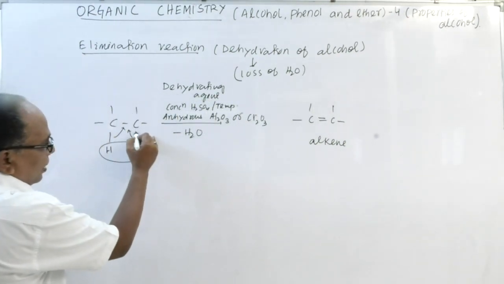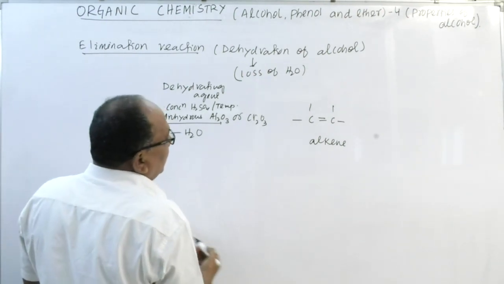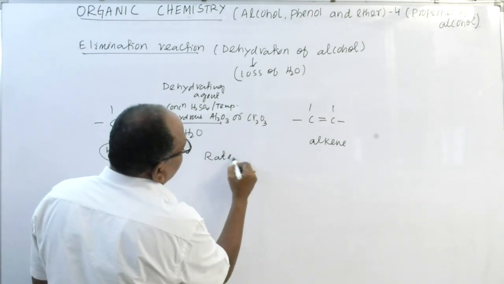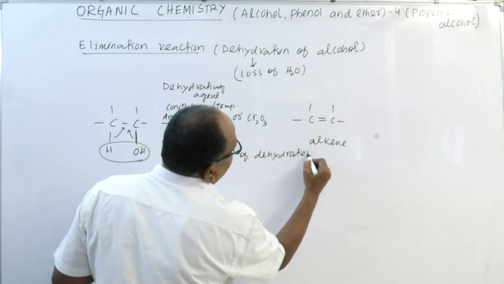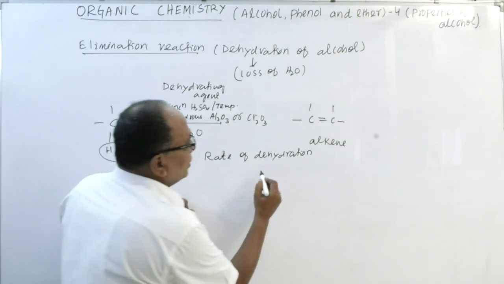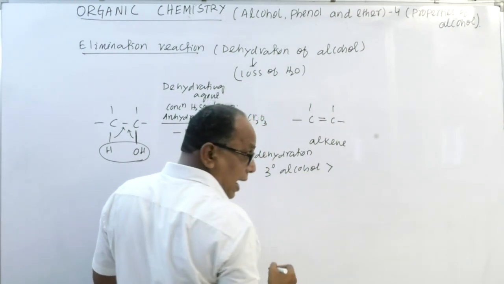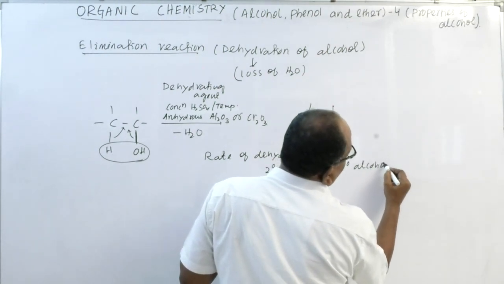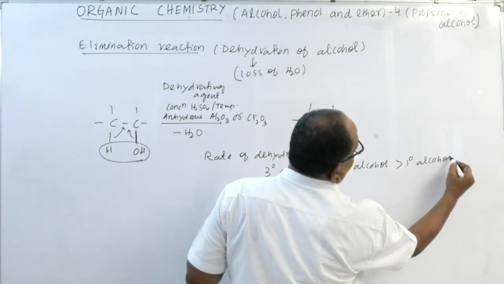There is a cleavage of the carbon-oxygen bond. The rate of dehydration is: the tertiary alcohol dehydrates more readily than the secondary alcohol, than the primary alcohol.